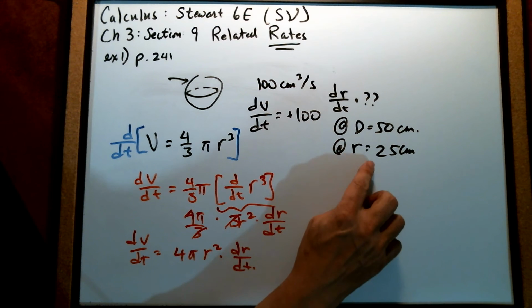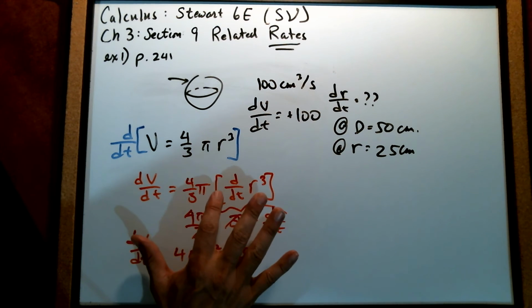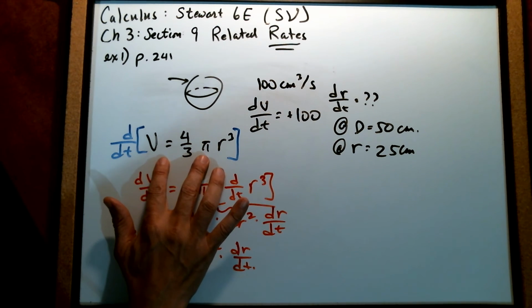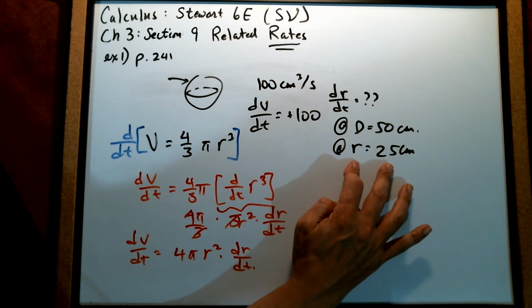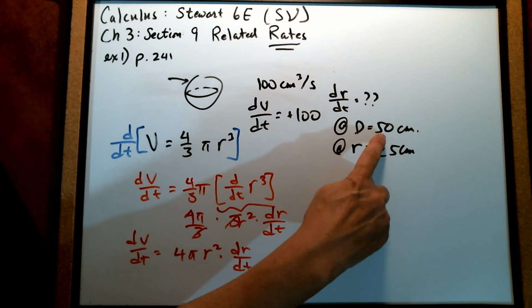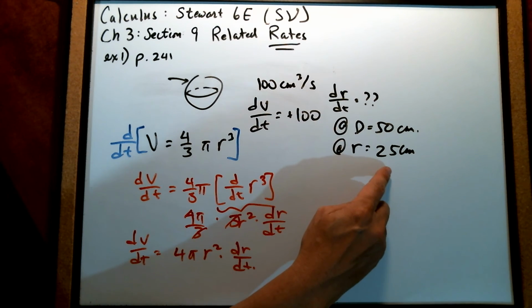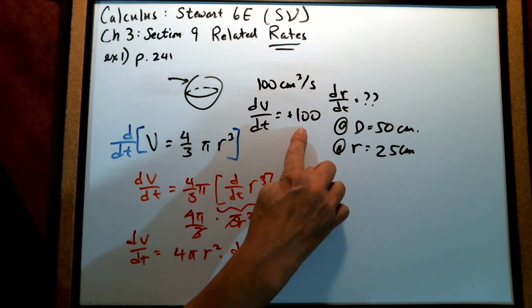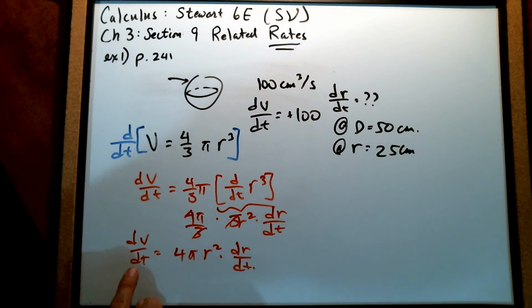After you take the derivative of this volume of a sphere function, you're going to plug in r, which is 25. The diameter was 50, so the radius is 25. You're also going to plug in dV/dt as 100, and dr/dt is what we're looking for.